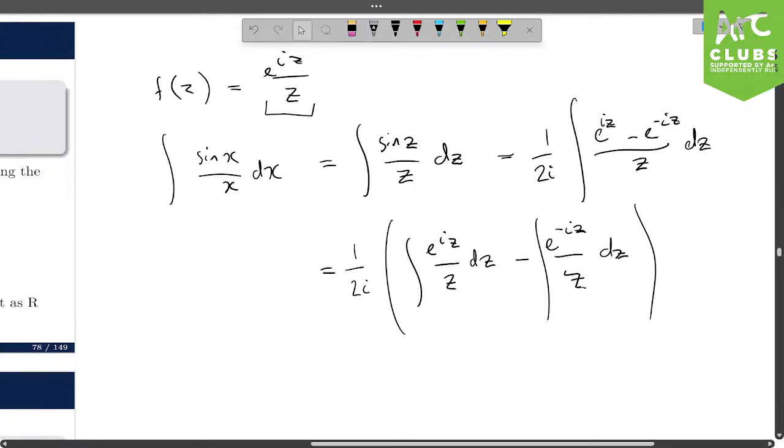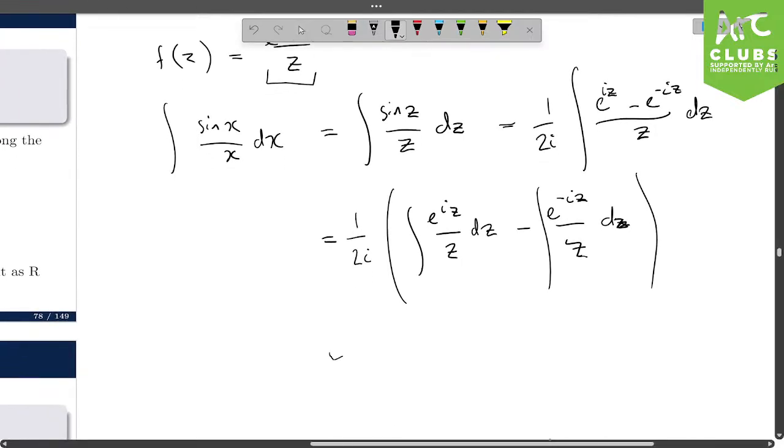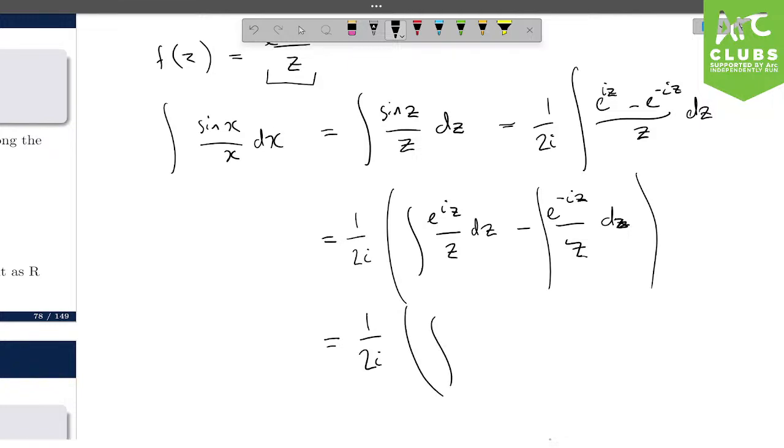So we can apply a substitution to make it look similar, right? So here's our first one. If we substitute in z equaling minus w, then we will actually end up with e to the minus i w over w dw, right?